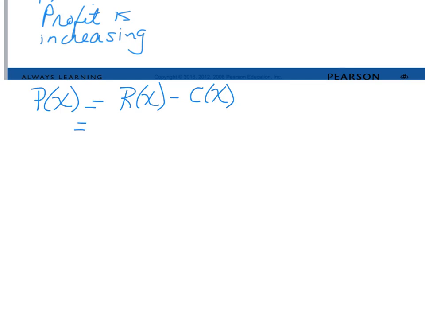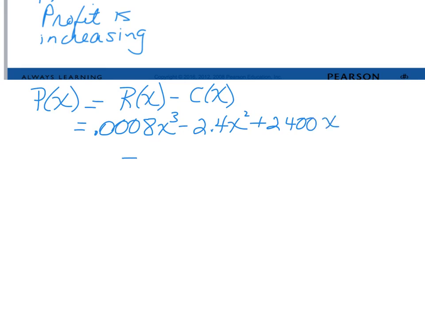And so that's going to be 0.0008 x to the third minus 2.4 x squared plus 2,400 x minus the cost function, which was negative 0.2 x squared plus 1,000.